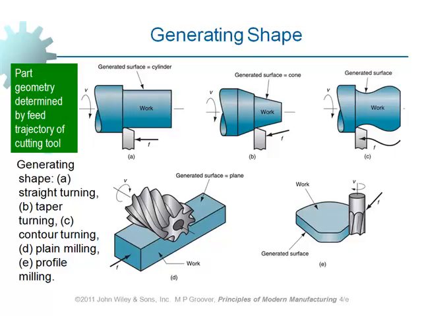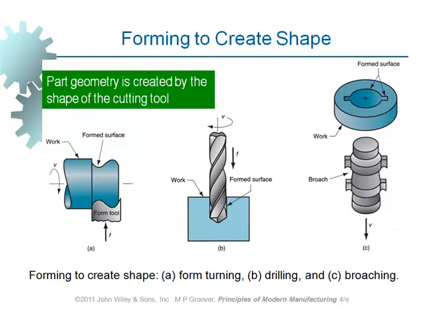Now let's move on to the next slide. How do we compare these ones with the ones that we had in the previous slide? Again, we've got the cutters, we've got the parts. Here it's the workpiece which is rotating, but the cutting tool is making a motion along a direction which is perpendicular to the axis of rotation.